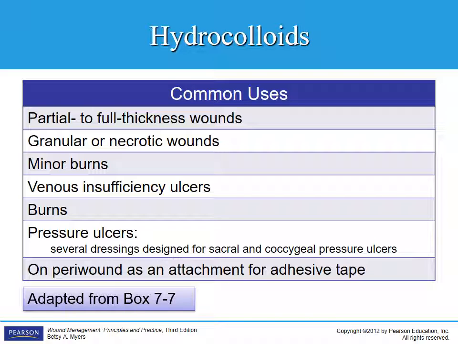So what does that mean? Let's say I'm using another type of dressing in the wound bed, and then I put a hydrocolloid on the peri-wound because it will protect the peri-wound, and I can put adhesive tape on top of the hydrocolloid because it's going to stick to the peri-wound. So the adhesive tape goes on the hydrocolloid and not on the peri-wound skin.